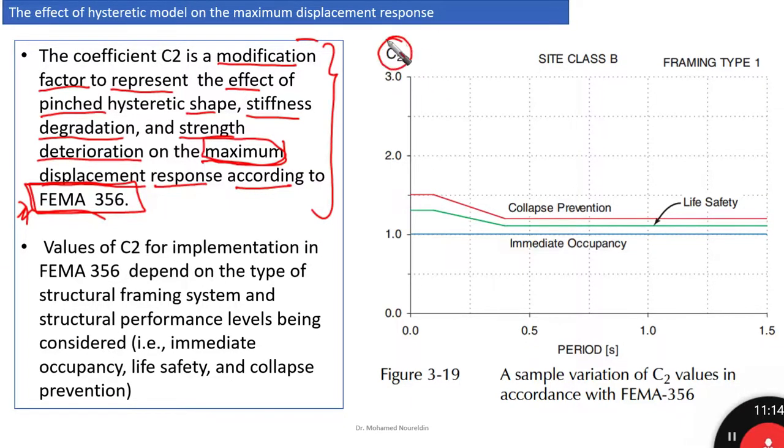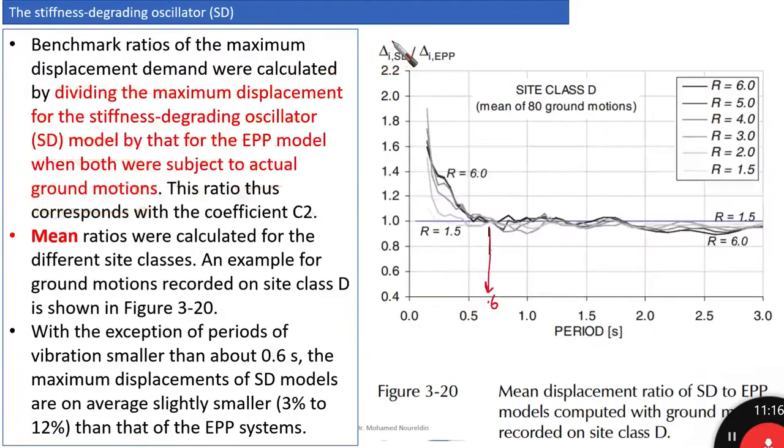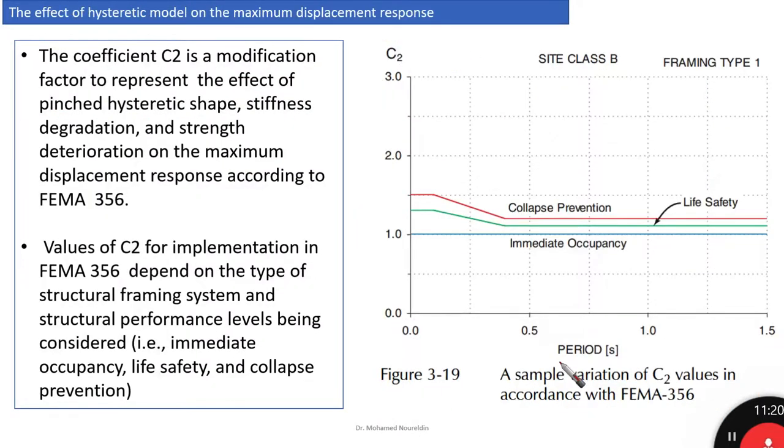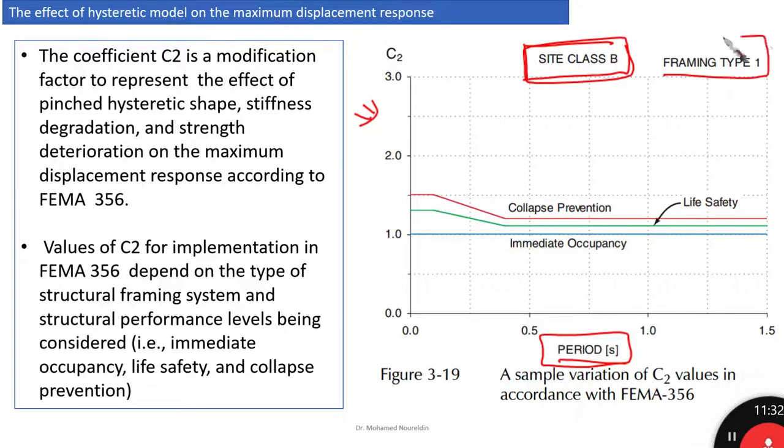So C2 represents this ratio, and the horizontal axis is the period of the structure, and we show it here for site class B. We have different site classes, and for a specific framing type, we have different framing types.